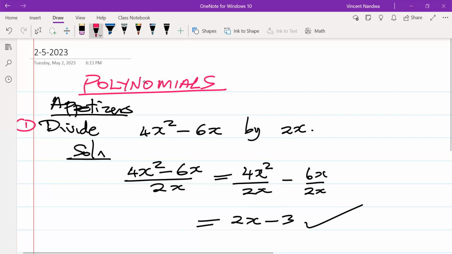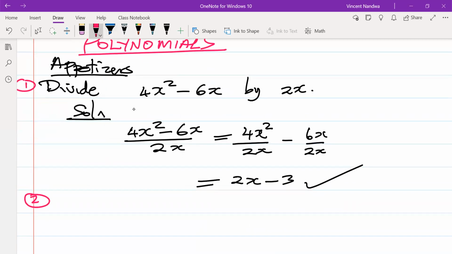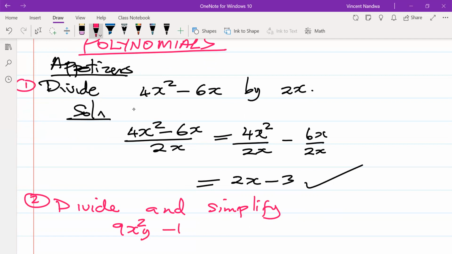Number 2, divide and simplify 9x squared y minus 18xyz plus 36xy squared, divided by 9xy.